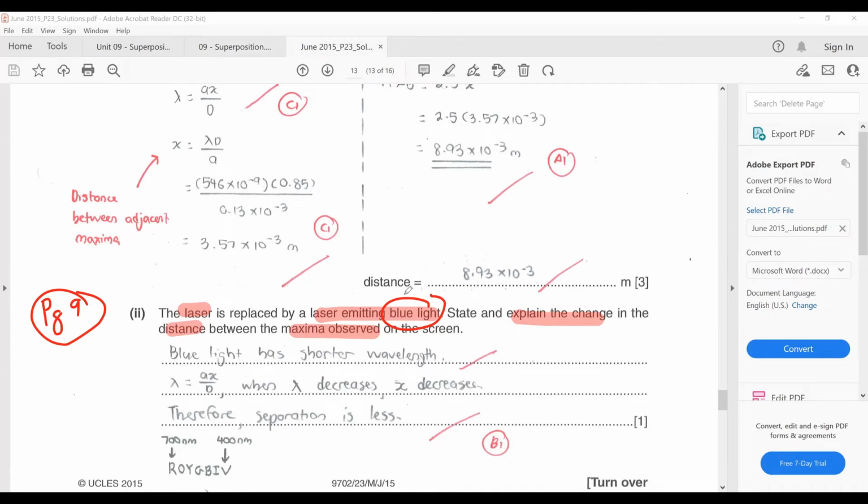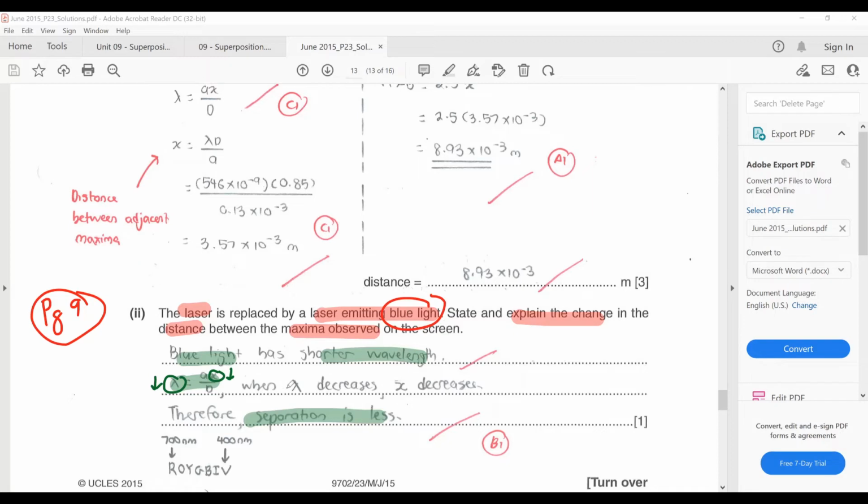What happens to the fringe separation? Simply put, they were asking. So what I mentioned was that blue light has a shorter wavelength. And because lambda is ax over d, if lambda decreases, x would tend to decrease. Therefore, the separation is going to become less.